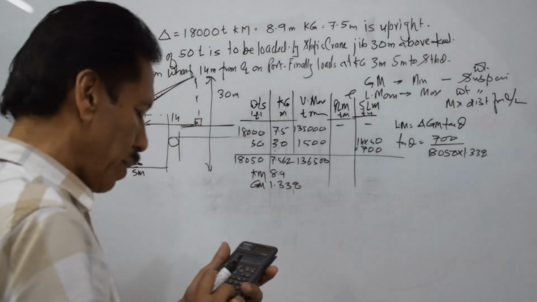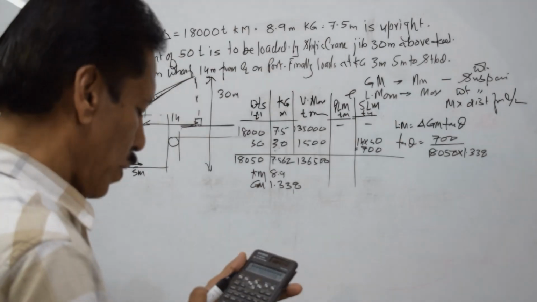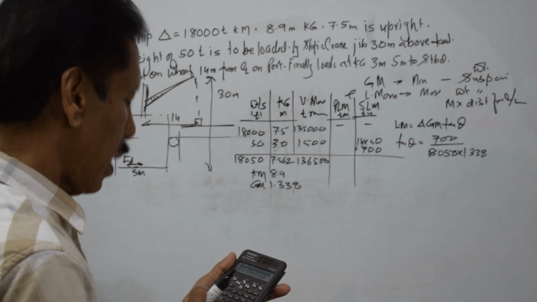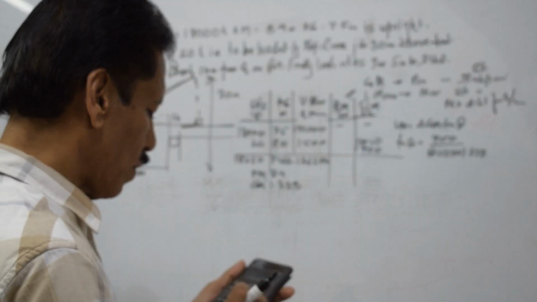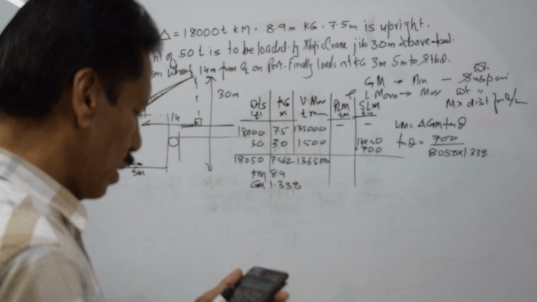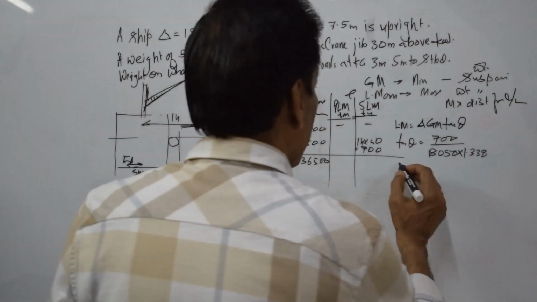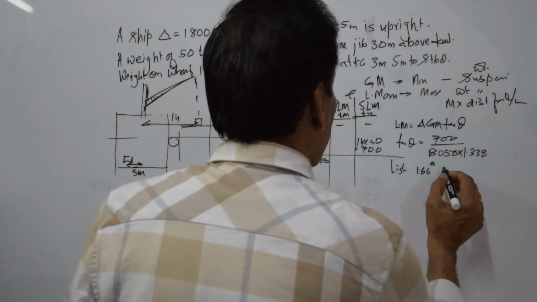So this gives me 700 divided by 18,050 divided by 1.338, shift tan, gives me the list as 1.66 degrees. So list is 1.66 degrees to port.